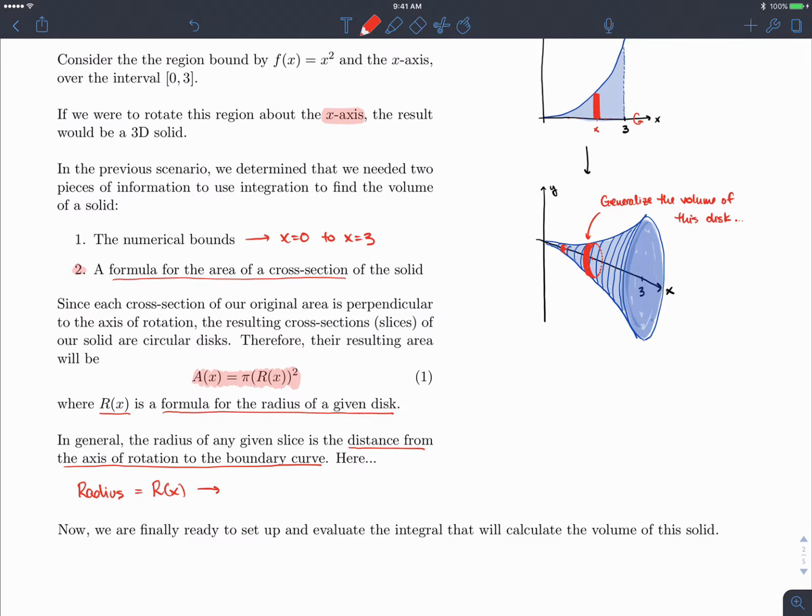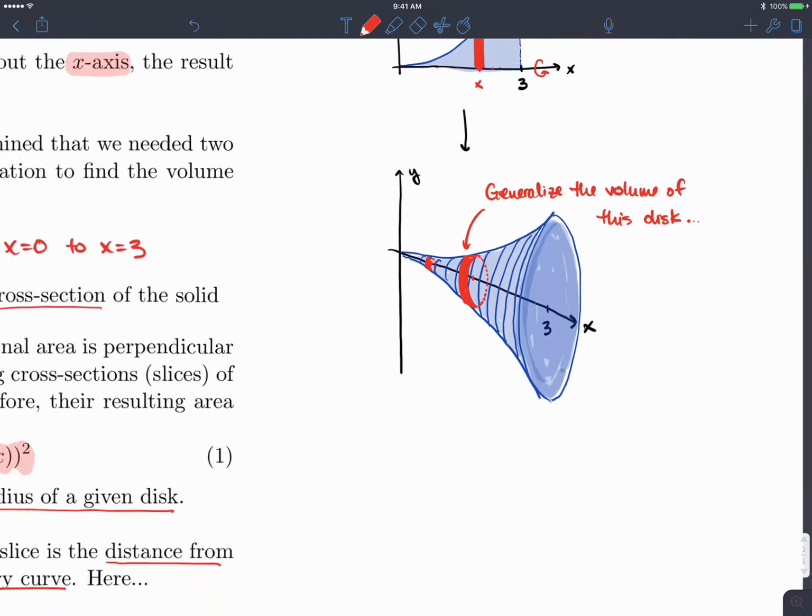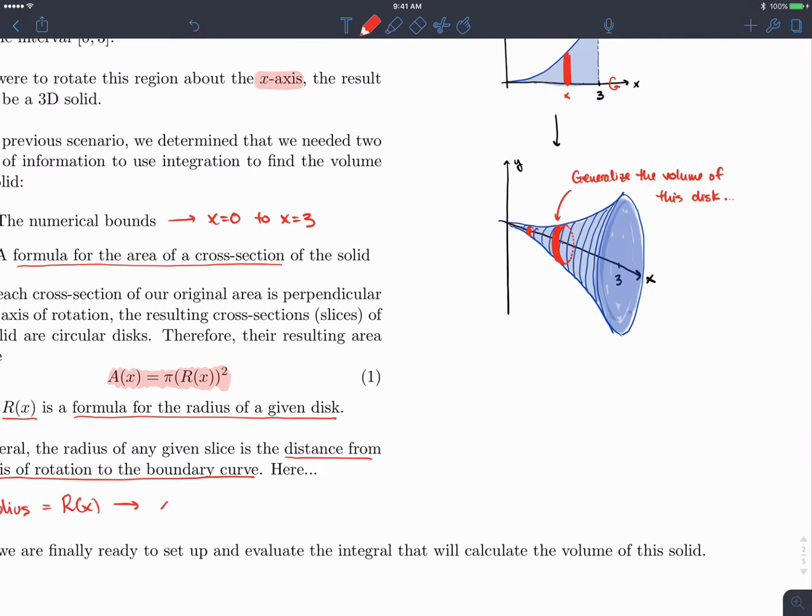The distance from the axis of rotation, the x-axis, to our boundary curve, x squared in this case, is just going to be x squared.